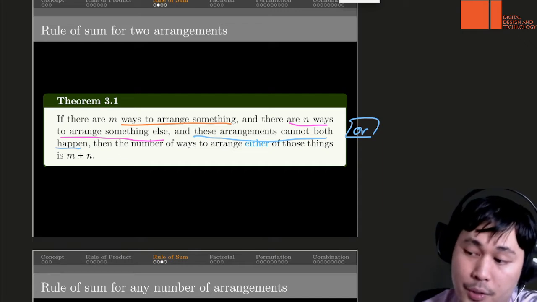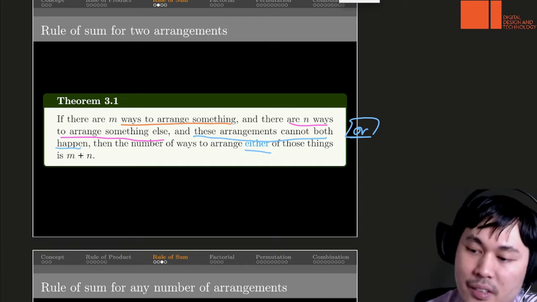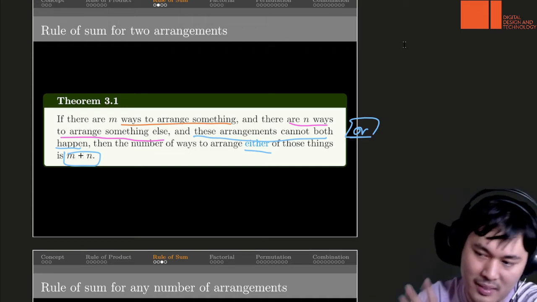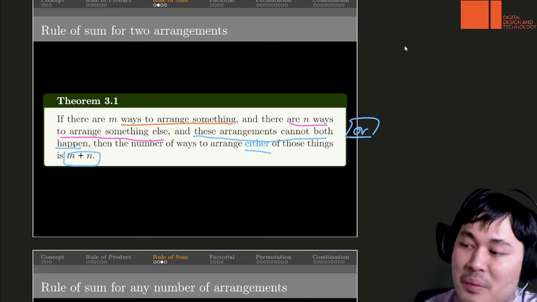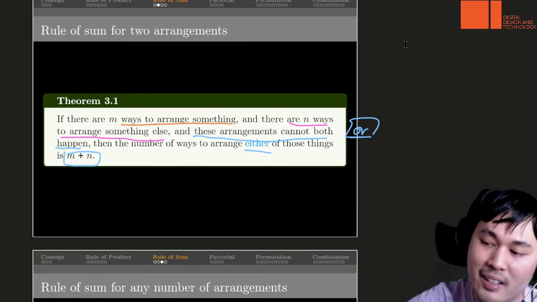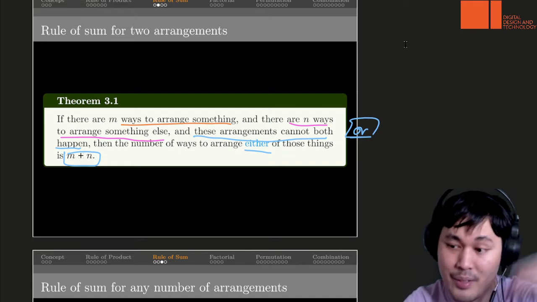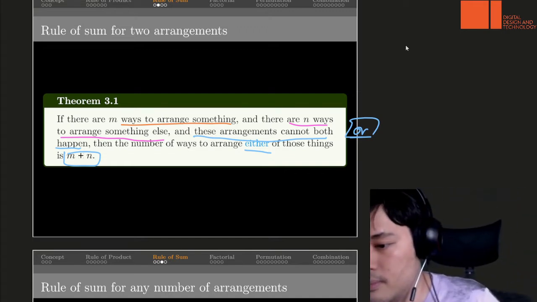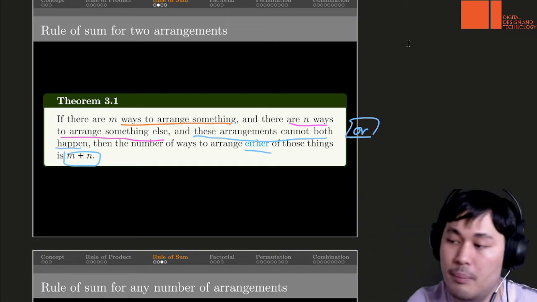Then the number of ways to arrange either of those things is m plus n. If you read it this way, it might seem complicated, but we need both the concept and the precise wording of what we are doing, so you can compare them both.